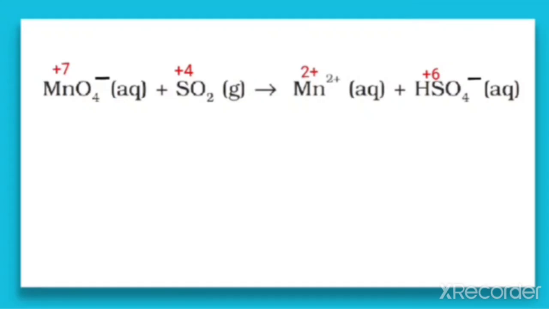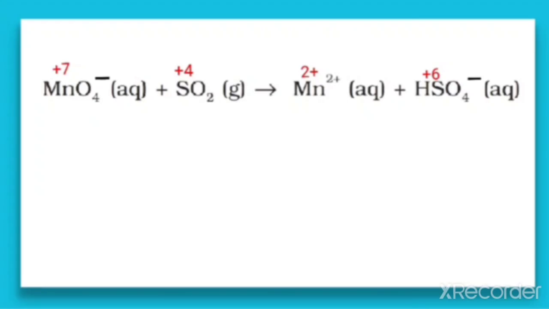Use a different color pen or pencil so that you are not confused between the overall charge and the oxidation state, because here there is one negative charge and here it is +7. If you write in the same color, it will be confusing which one is the charge. So use a pencil for writing the oxidation numbers.